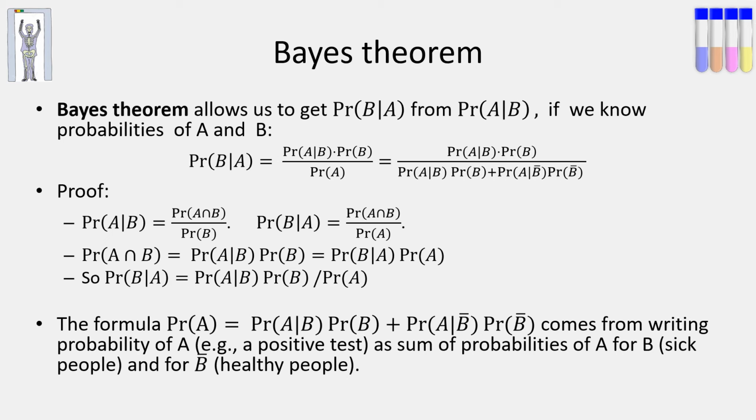So you may notice that I wrote the original formula for probability of B given A in two different ways. In both cases, on the top, in the numerator, it was probability of A given B times probability of B. But in the second version, rather than writing probability of A, I wrote this complicated expression. So let me tell you what this complicated expression is and how it comes up in the calculation.